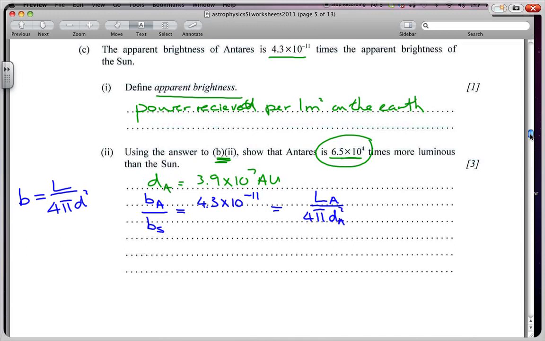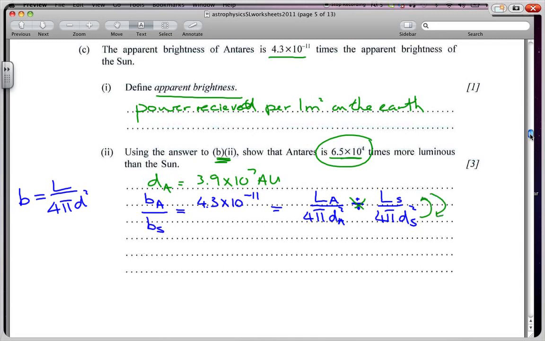And now we're dividing that BA by BS, the apparent brightness of the Sun. I'm going to write it like this, the old primary school way of writing division. That would be L of the Sun divided by 4 pi d of the Sun squared. Now, when I divide, I'm going to invert and multiply, so this changes into a times sign, this goes to the top and this goes to the bottom.